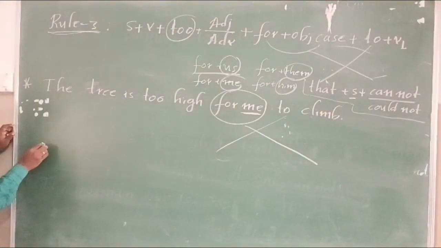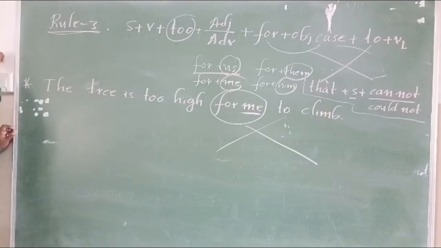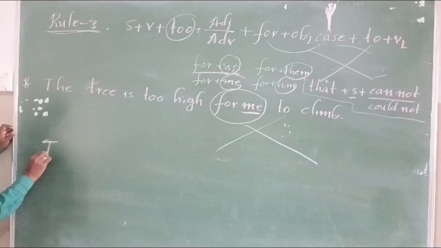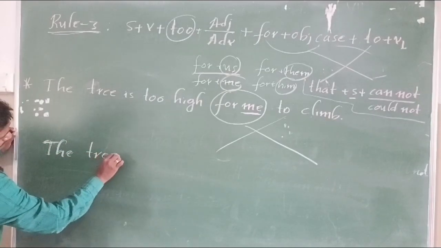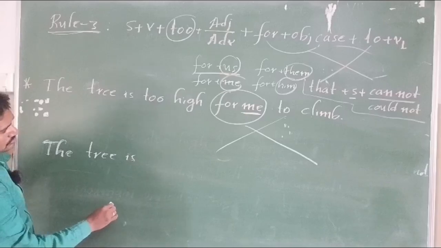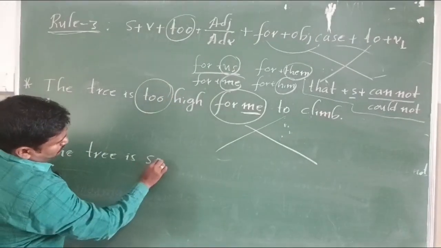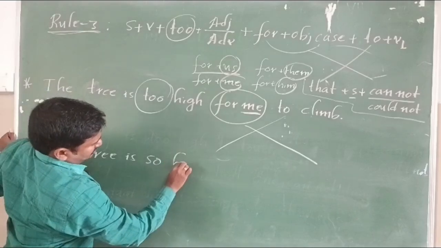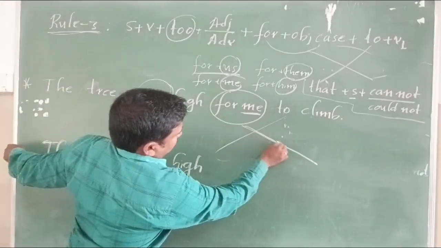So the tree is, so in place of "too" over 2 we'll use so high as it is, so high. For me, we'll go through this side.